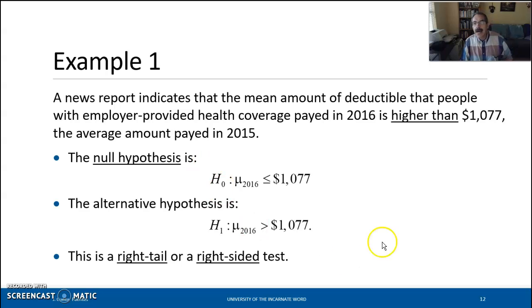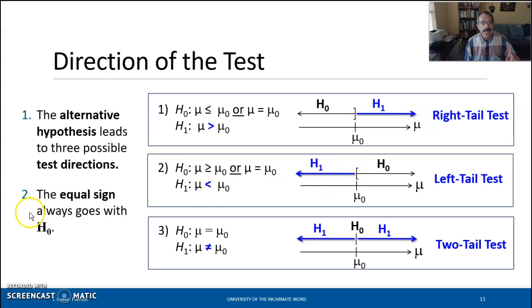Here, "higher than" is an inequality, and that reminds me that I should have told you that in this diagram, the equal sign always appears in the null hypothesis, either as less than or equal to, bigger than or equal to, or equal to. So the equality sign always appears with the null hypothesis.